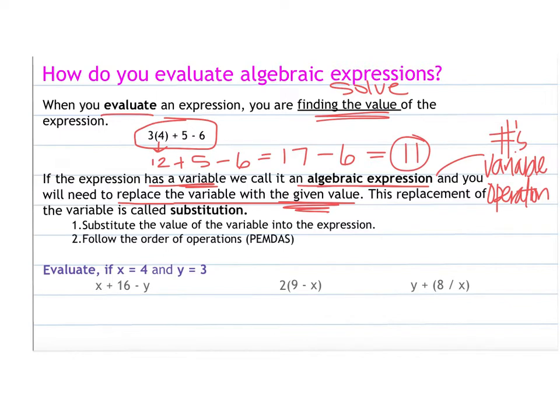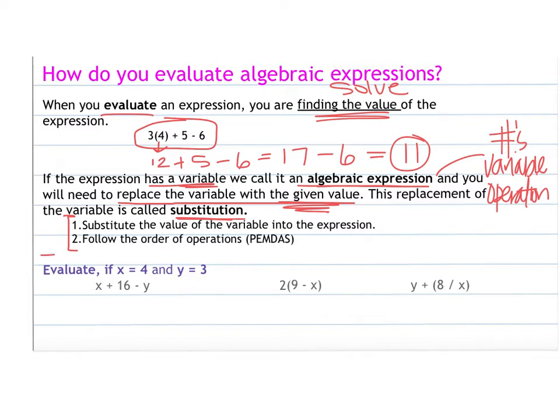This replacement of the variable is called substitution. So these are all wonderful vocab words that you'll want to circle or box or highlight so that you are able to find easily and remember. So substitution, or substitute the value of the variable into the expression, and then like we did above, follow the order of operations, which is PEMDAS.